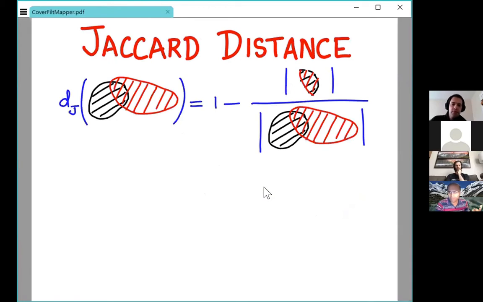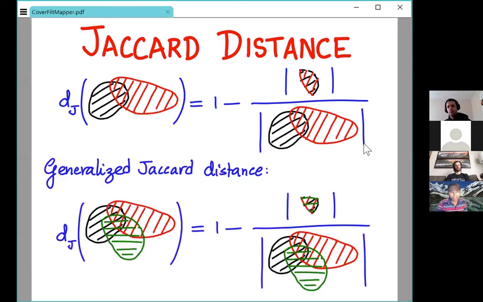Of course, since we are talking about covers, we want some notion of distance between cover elements to capture how different they are. The standard distance that comes to mind is the Jaccard distance, which is intersection over union. It is 1 minus the size of the intersection over the size of the union for a pair of sets.